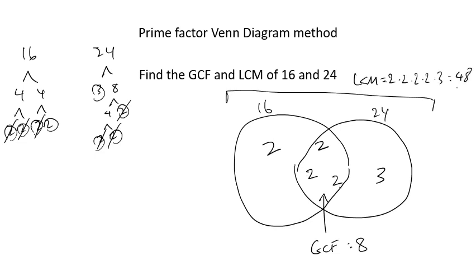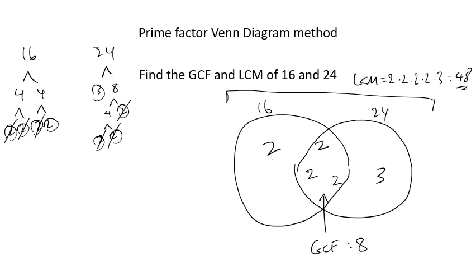There's my 48, my LCM. I think this shows the LCM a little bit clearer here, because all the things in this circle, my 2 to the 4th power, make my 16. My 2 to the 3rd times 3 makes my 24. So you can see that this circle times 3, this circle times 2, that makes our 48.